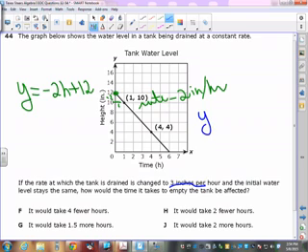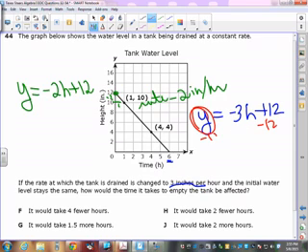So our new equation is going to be y equals negative 3h plus 12. Okay, so one of the things you can do is, you can see here it takes 6 hours. It took 6 hours to empty it. What you can do is go ahead and plug in 0 for y, because when the height is 0, it'll be empty. Subtract our 12.